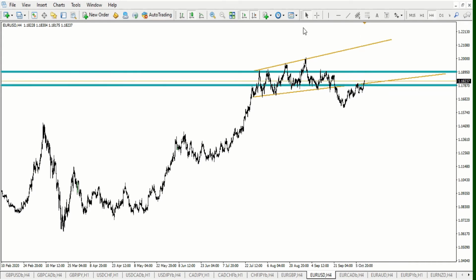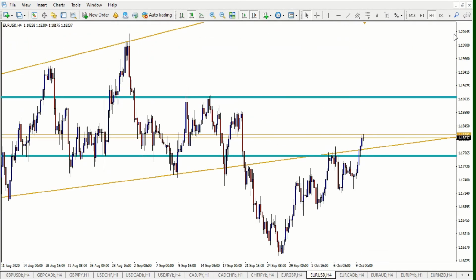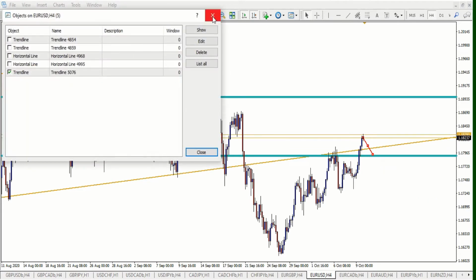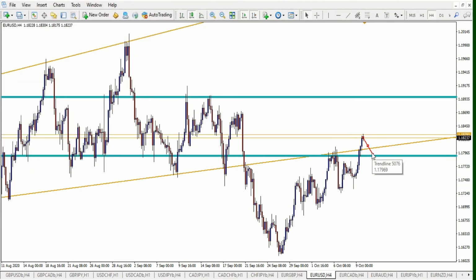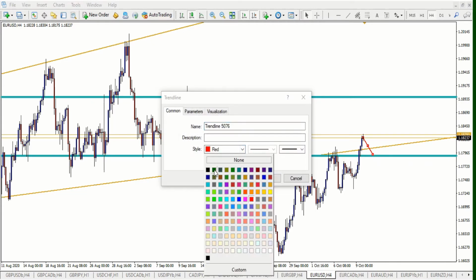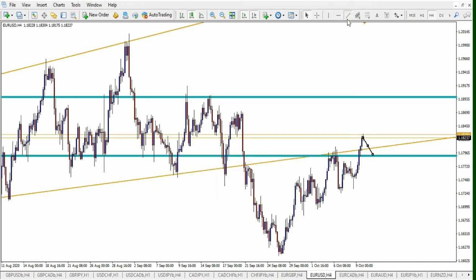So essentially what we're looking for on the Euro USD, the first scenario would be for the market to push down here at this key support resistance zone, and then break back in the channel and continue its way up.